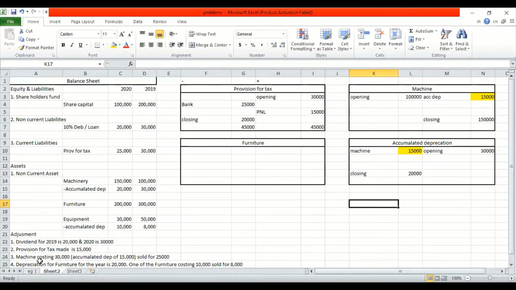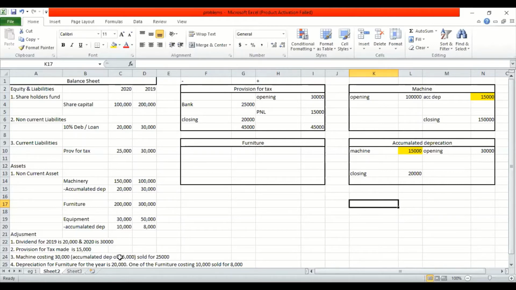Now, just let's read one more time. Machinery costing 30, depreciation 15, sold for 25. Now, what is the profit and loss here? Many students say, sir, the cost is 30, you're selling for 25, so it's a straight away loss of 5,000. It only means that we don't understand the term depreciation.